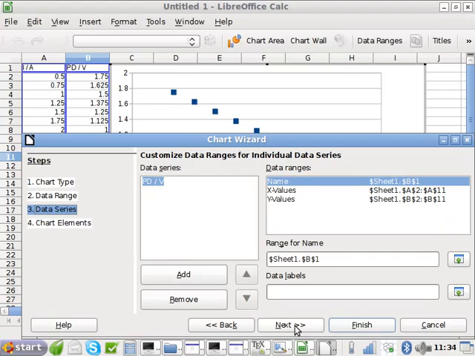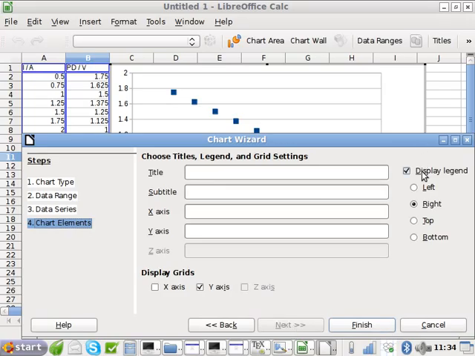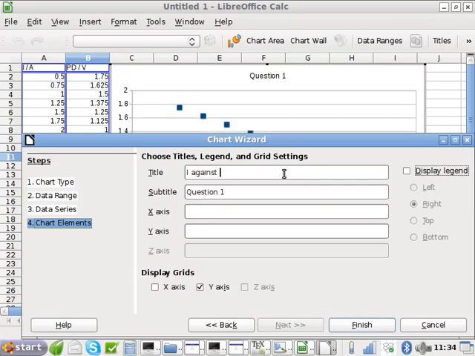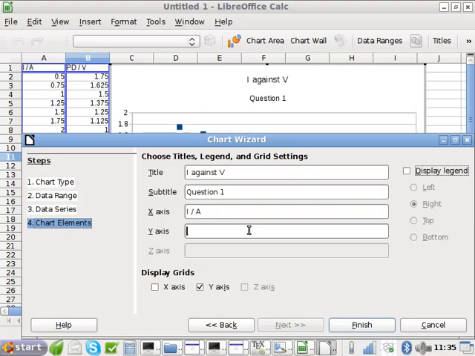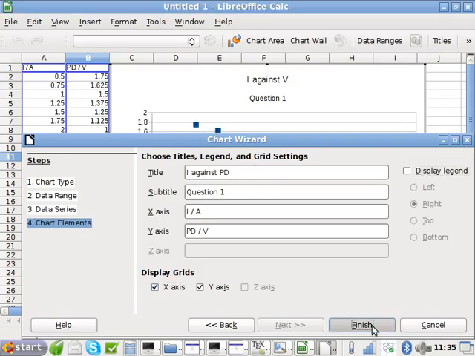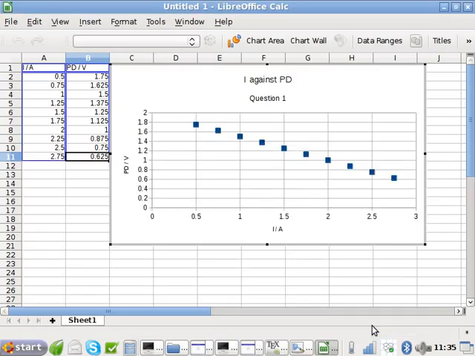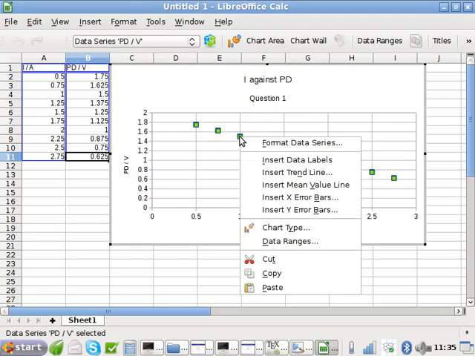Okay, whatever. Question 1. And the graph title, we'll call it I against V. I in amps and the Y, V, potential difference in volts. Your graph looks like this? Yeah? Yeah. Okay, and I should put in a line.